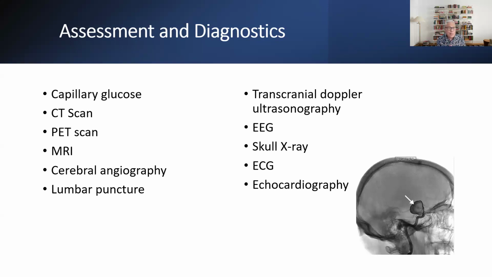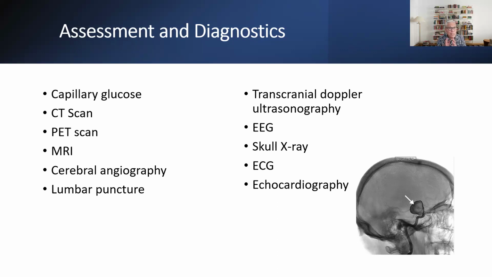The other thing is CT scan. We know that a CT scan is always done in order to determine what kind of stroke has occurred. Is it an ischemic stroke or is it an intracerebral hemorrhage? Because if it's an intracerebral hemorrhage, the intervention is going to have to be different, like surgery.